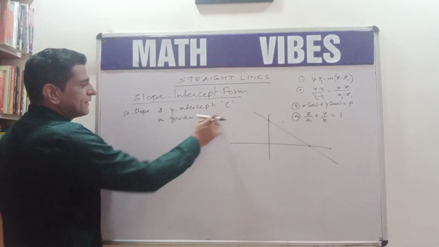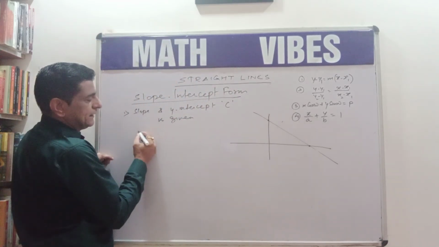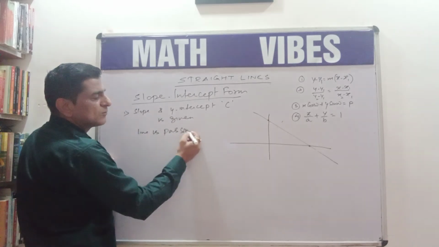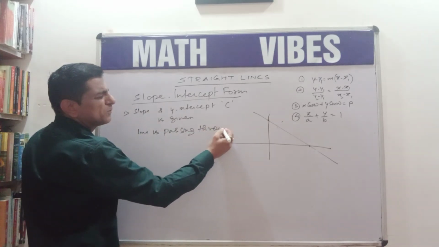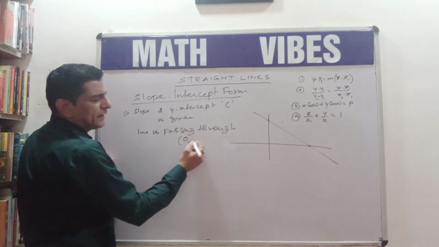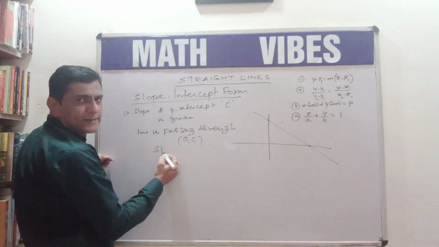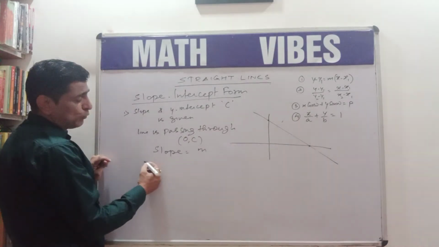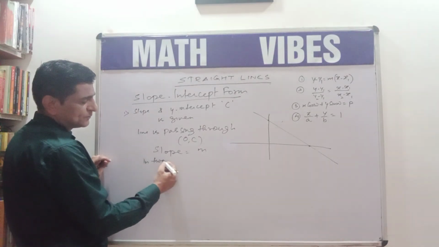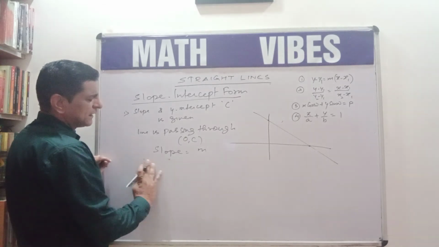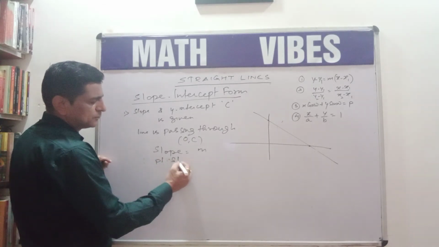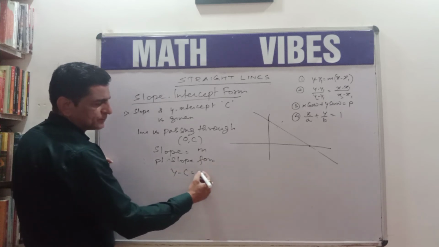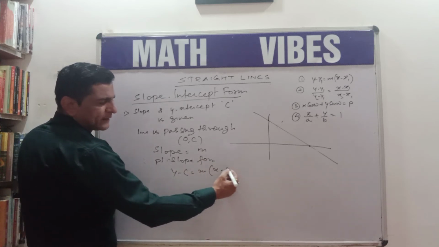So y-intercept is C. That means line is passing through (0,C) and slope is M. So the equation of line, again point slope form: y minus y1 equals m times x minus x1.